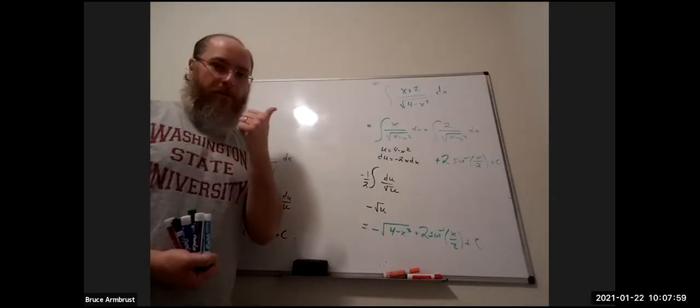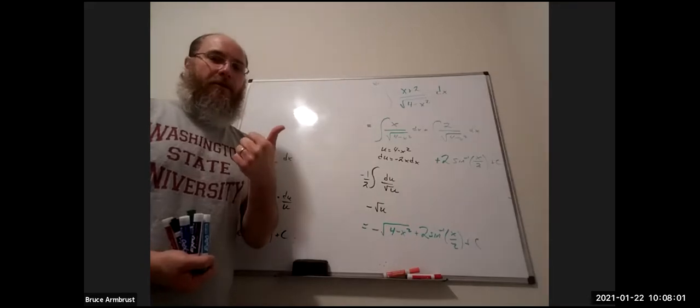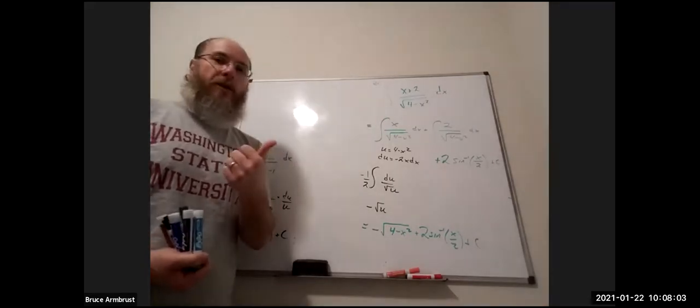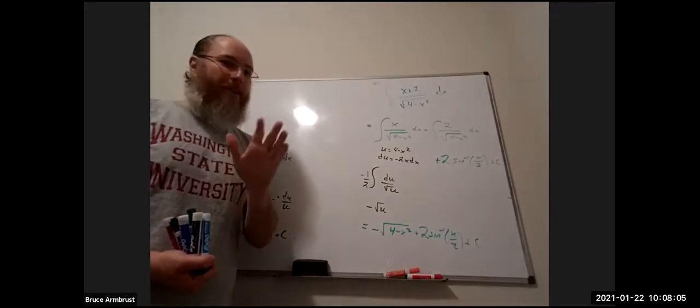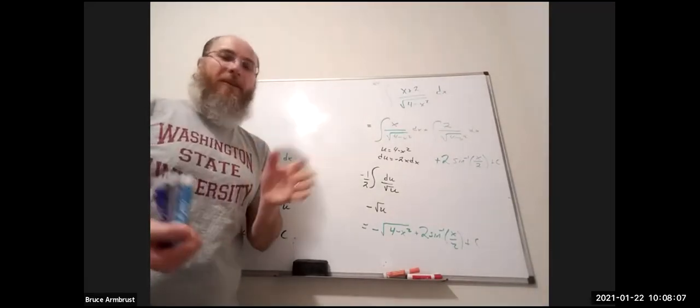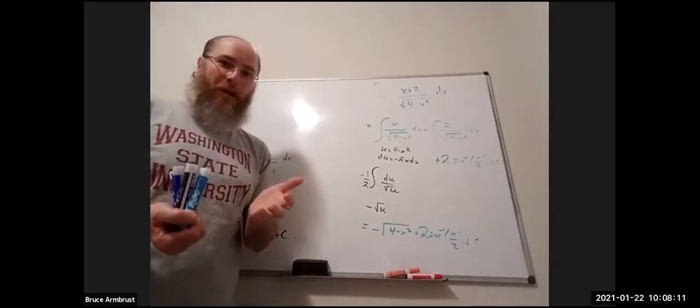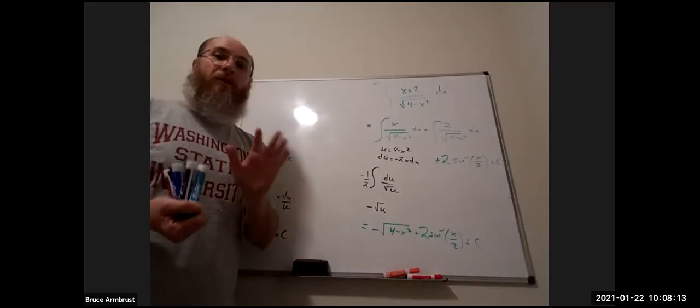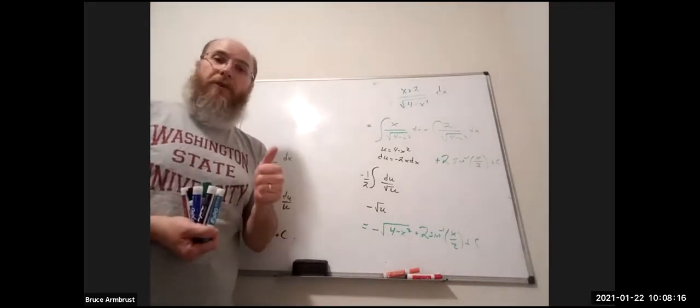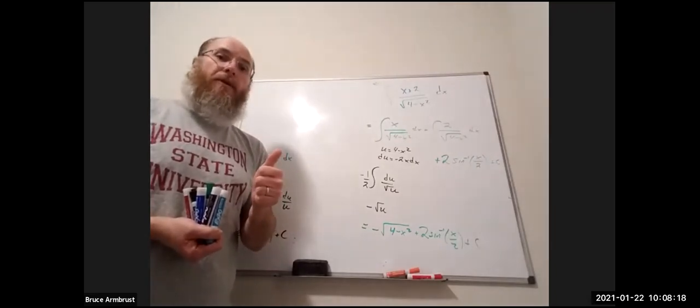So be willing to do the algebra. And there are no shortcuts. That's always the other question: is there a faster way? No. Sometimes algebra is algebra. You've got to just suck it up and do it. This is one of those cases, so watch for your algebra, because it's going to help.